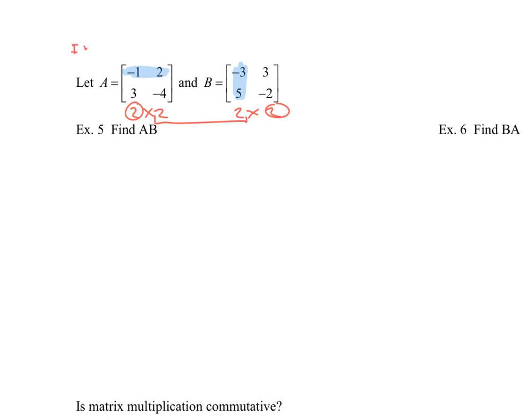The way that works is you do negative 1 times negative 3, the first element of each, plus then you do 2 times 5, the second element of each.